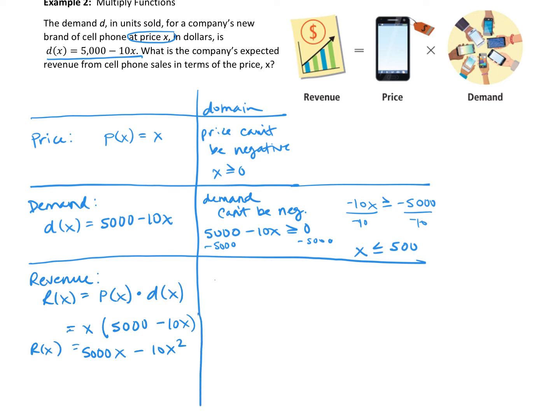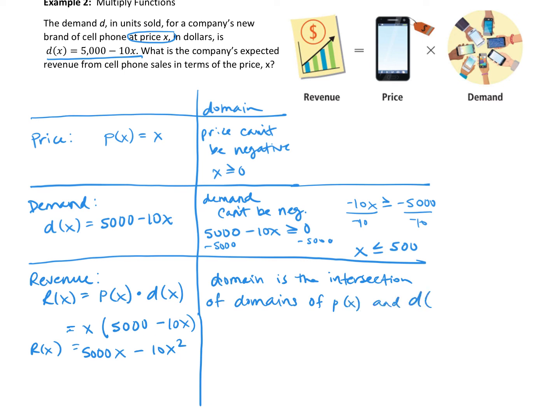The domain for the revenue, let's just make a note that the domain is going to be the intersection of the domains of our P function and our D function.